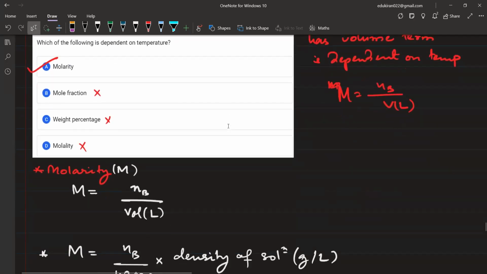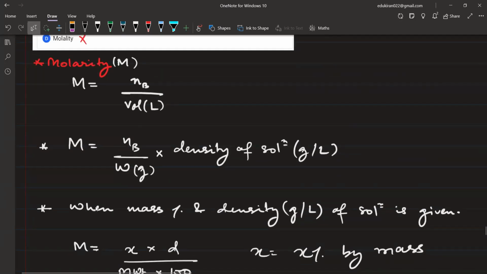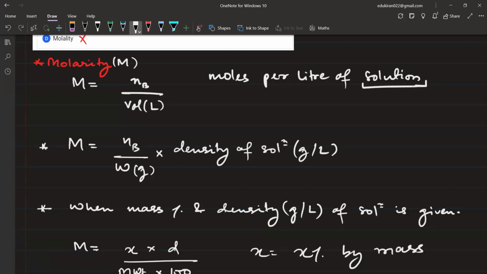Now, see what is molarity. Molarity is number of moles of solute divided by, basically called, moles per liter of solution. Okay, keep in mind here it is solution. Now, if the volume of solution is not given, but the mass of solution is given, then density is equal to mass upon volume, so volume will be equal to mass upon density.